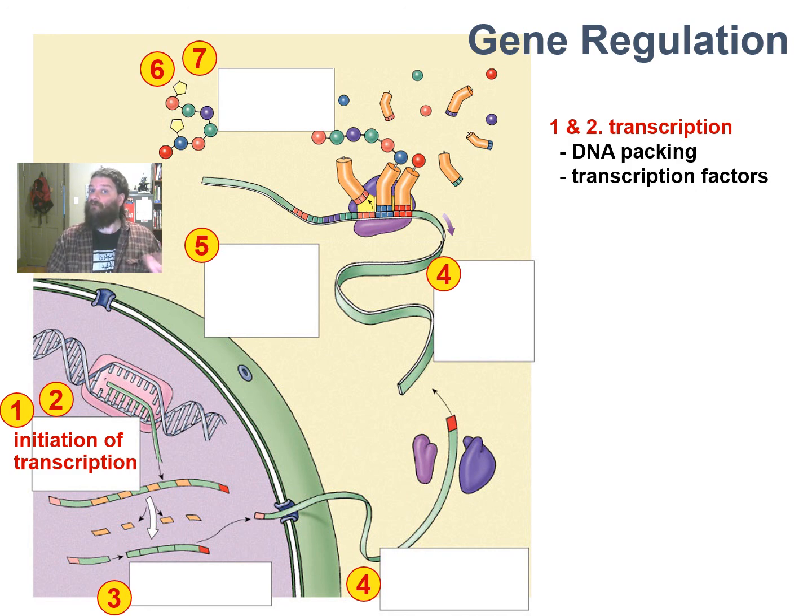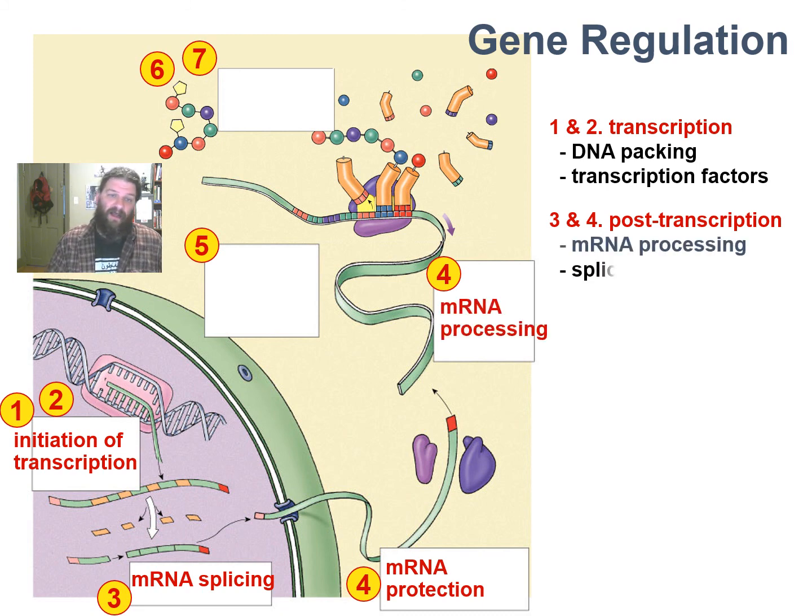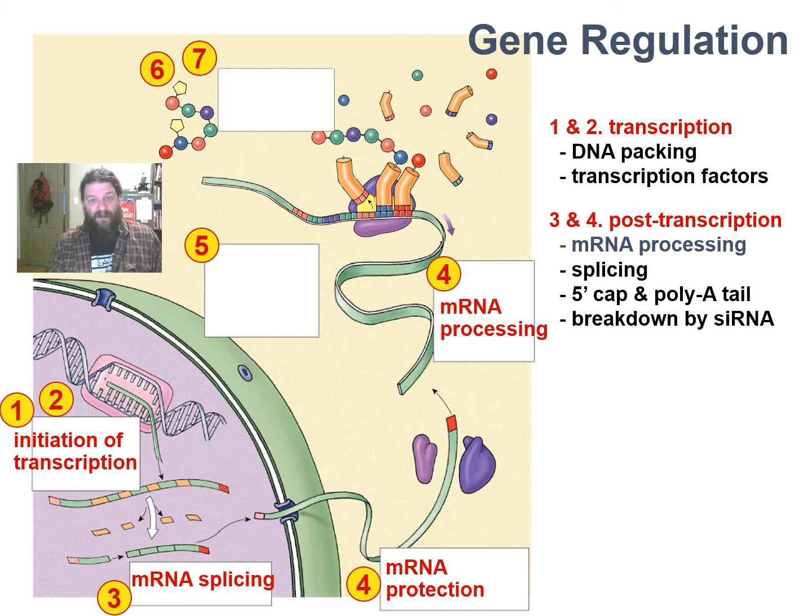Are they associated with enhancers or promoters? Also, we have post-transcriptional control. This has to do with whether the messenger RNA has been processed and spliced, those exons and introns. How long is the 5' cap and poly A tail? Is it going to last long enough once it gets into the cytoplasm?